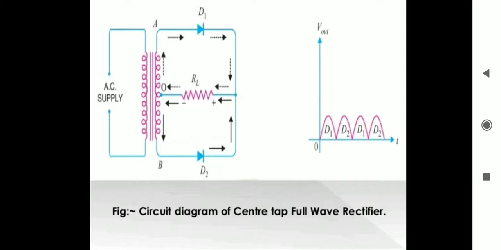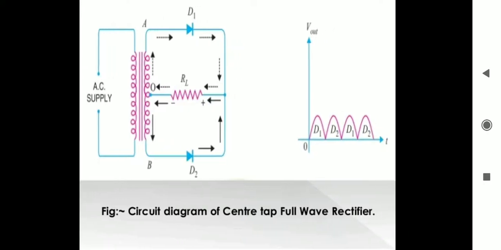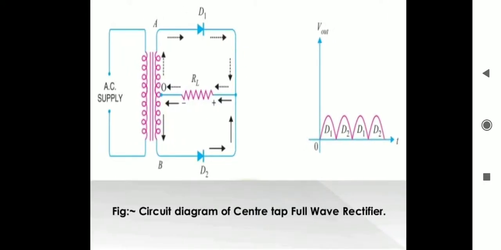As per the requirement of the circuits, the center tap and full wave bridge rectifier characteristics are divided in such a way that, in simple terms, with two diodes there is a center tap full wave rectifier, and with four diodes there is a full wave bridge rectifier.